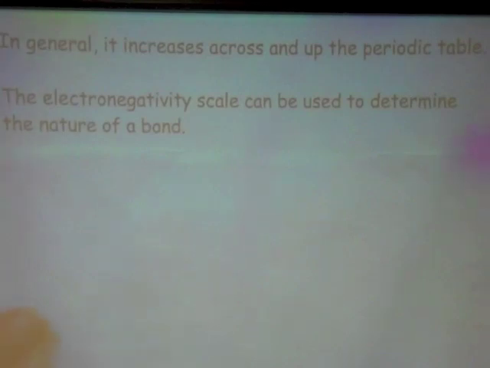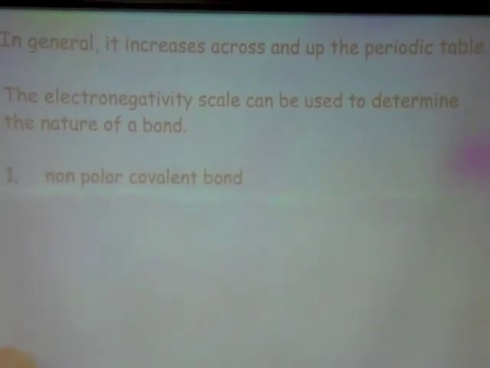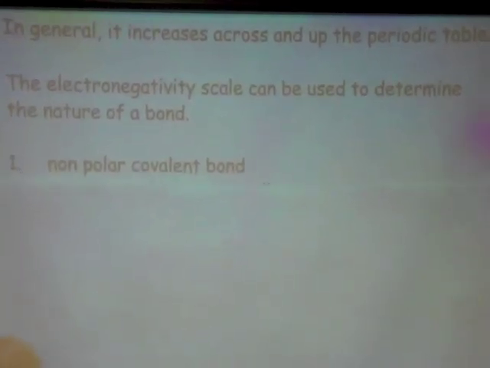All right. So, we're going to talk about 3 bonds here. First of all, we're going to talk about a non-polar covalent bond. Now, polar means that there are poles.